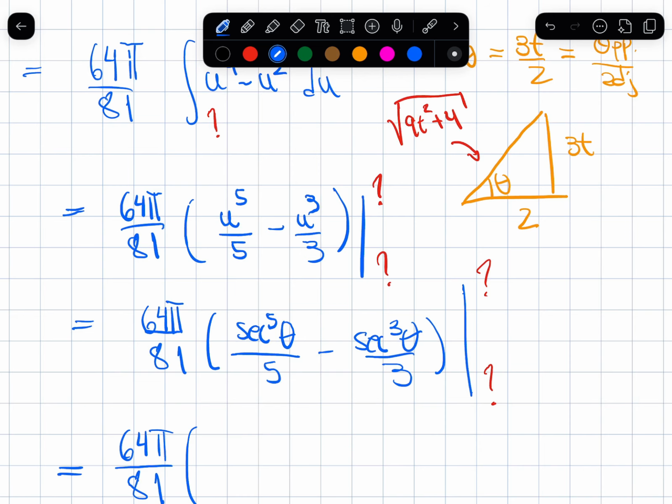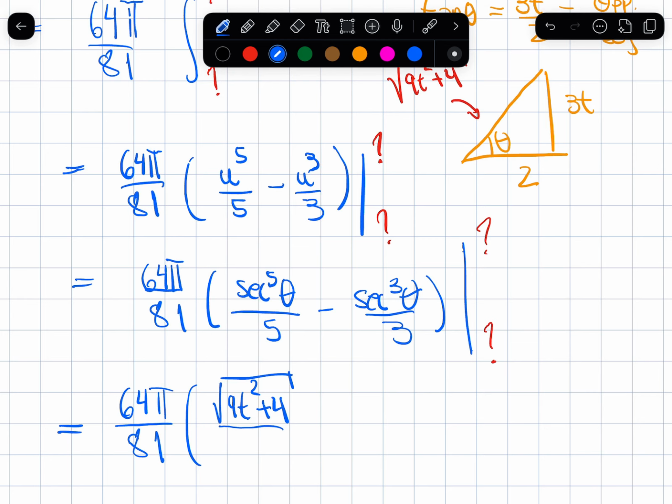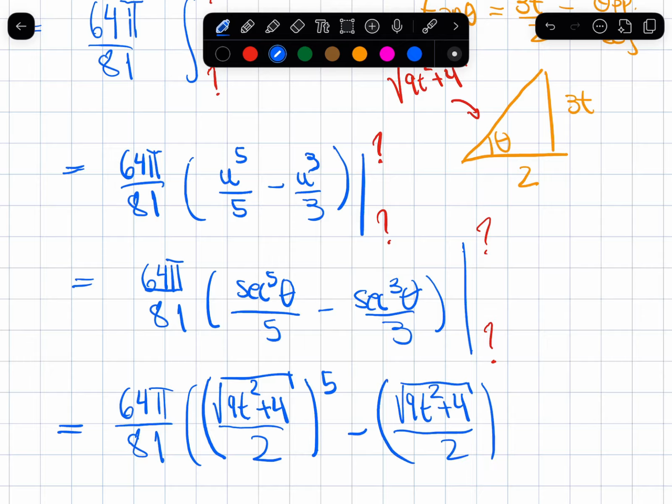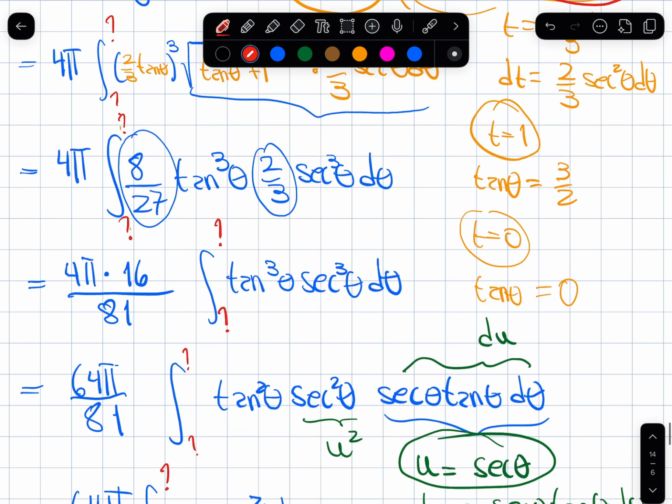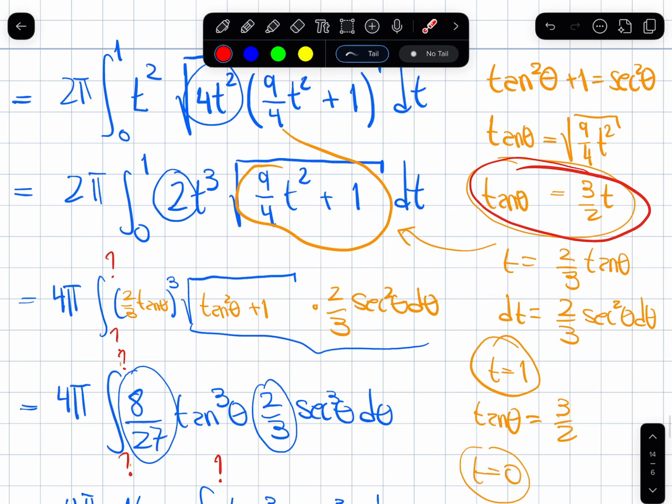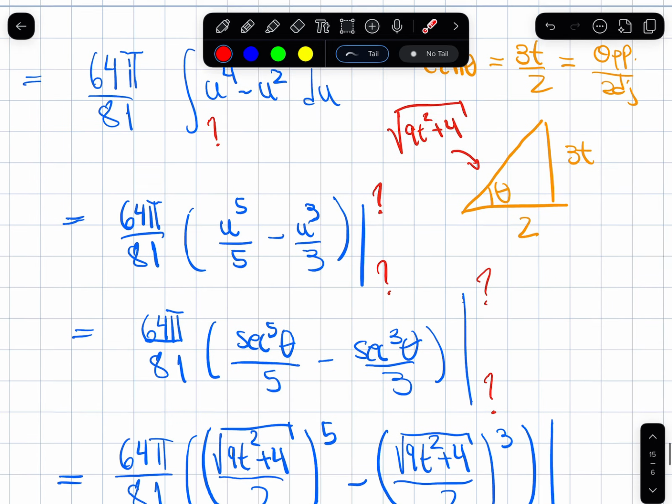Then you have root 9t squared plus 4 over 2. That will be the secant, but then to the power 5, minus root 9t squared plus 4 divided by 2, then cubed. And then you're evaluating between these two values, and now it's 0 to 1, because we're back to t, so we go back to the original limits of integration from 0 to 1.